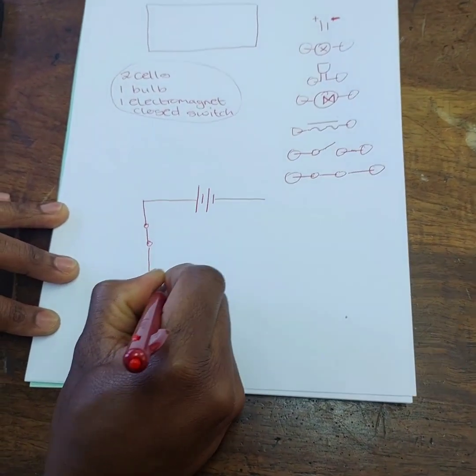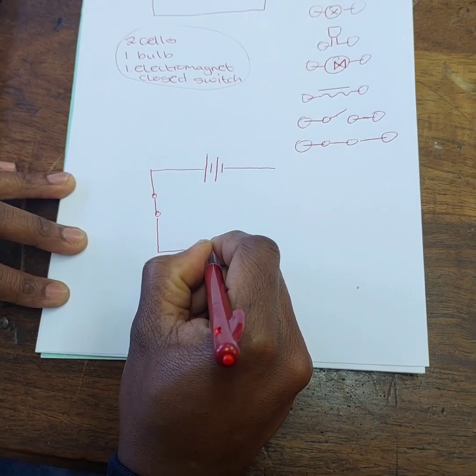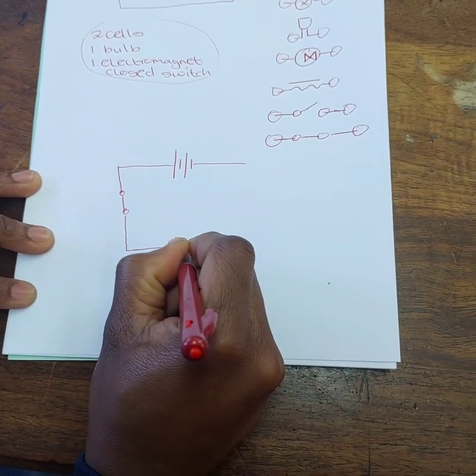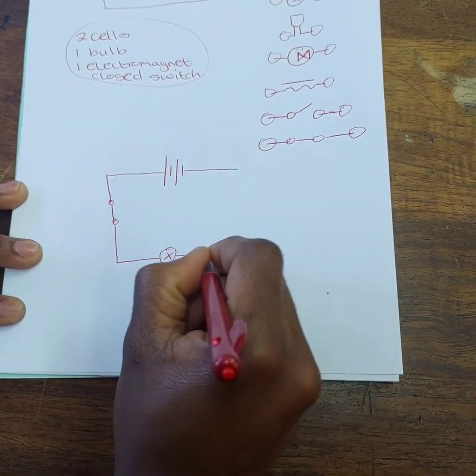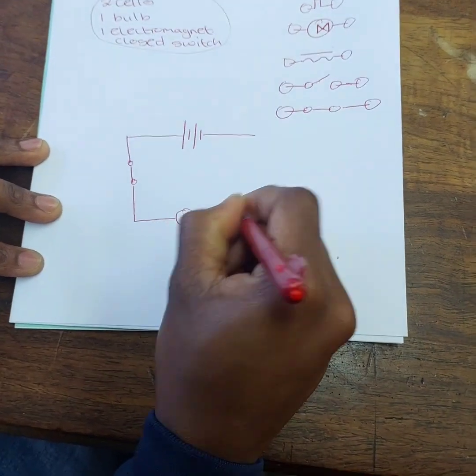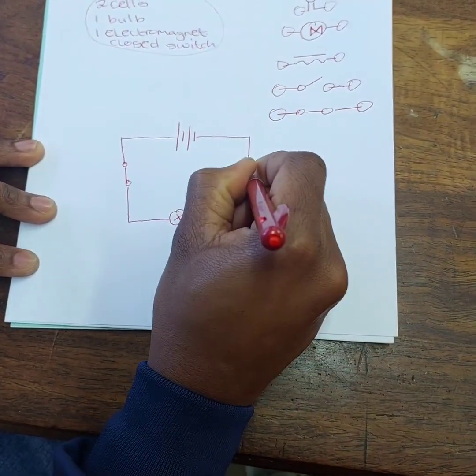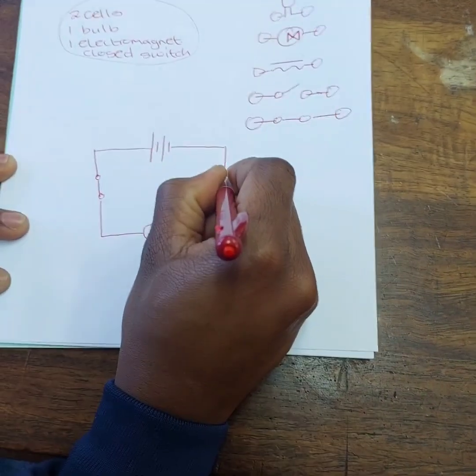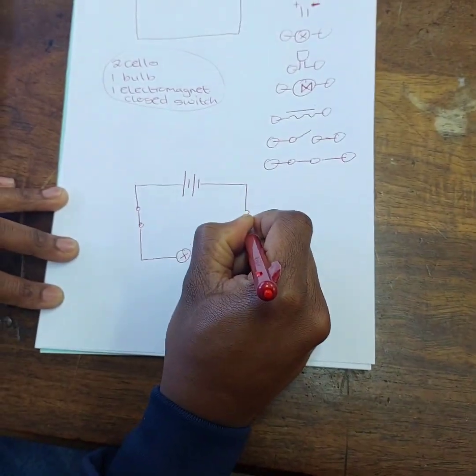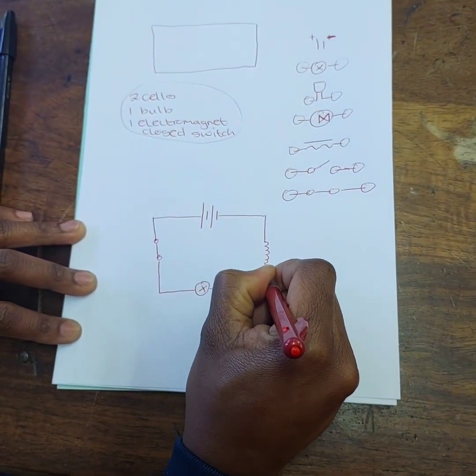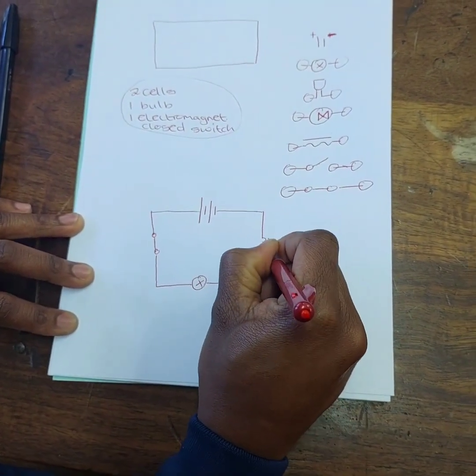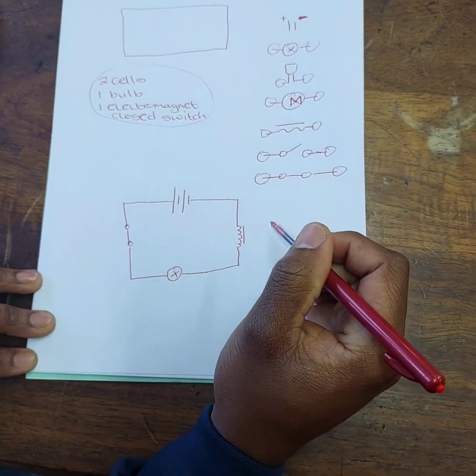Then I move, and it must have a bulb, so a bulb goes in there, and then it must have an electromagnet. So let me put my electromagnet here. So that is a complete circuit.